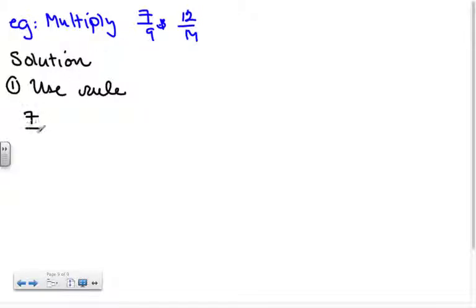So 7 over 9 times 12 over 14 is the same thing as writing 7 times 12 over 9 times 14.